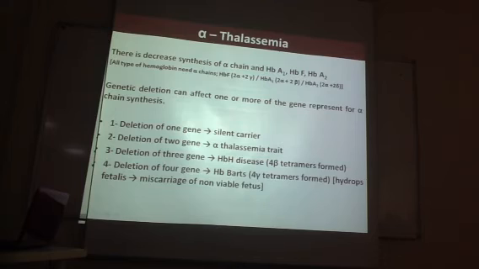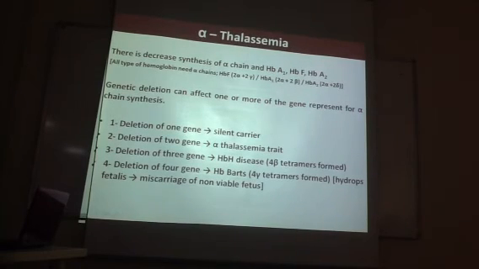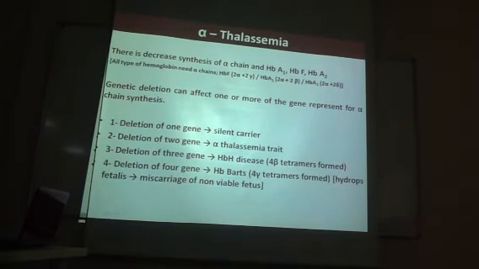Okay. Alpha thalassemia. Once again, I am telling, if there is no alpha chain, there cannot be hemoglobin itself. Why? Because alpha chain is needed for all the hemoglobin. So there are 2 alpha chains, which means 4 genes we have, because each alpha chain has 2 genes. So in total they have 4 genes. If all the 4 genes go for mutation, there is no alpha chain.